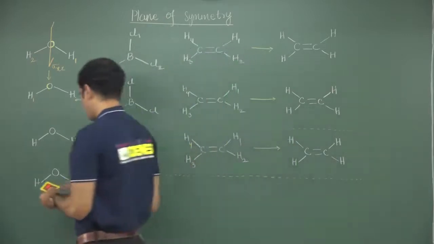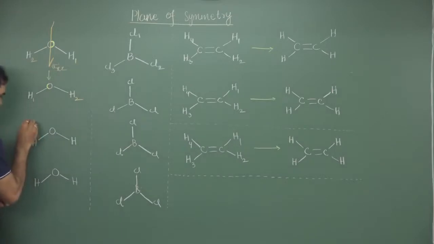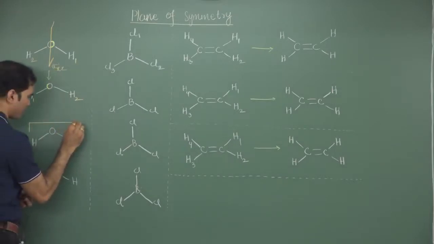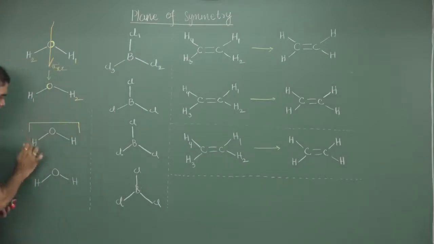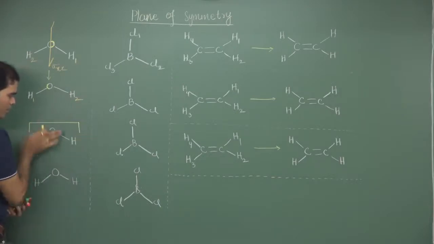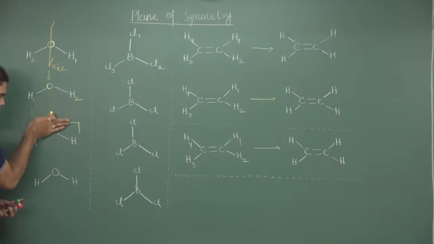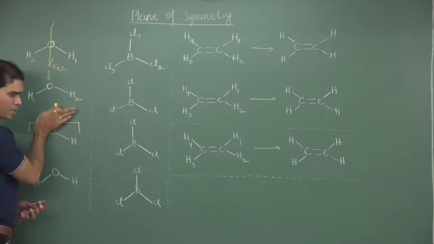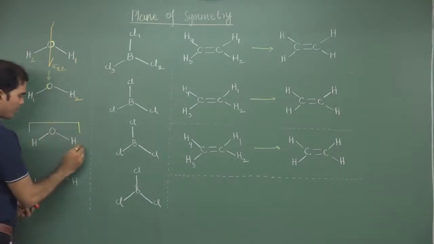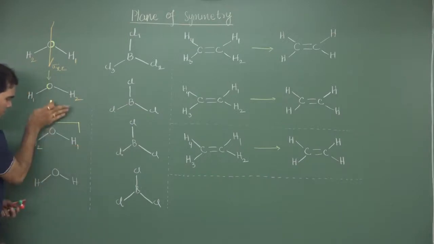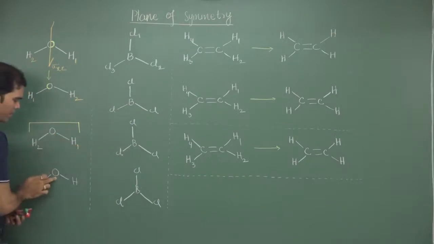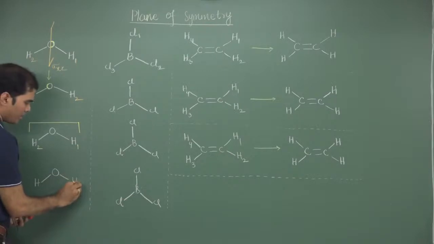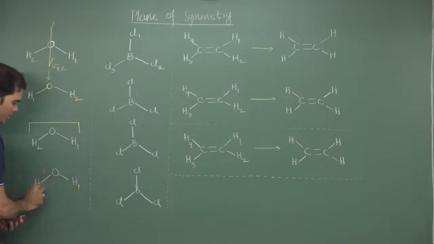So once I draw that plane, I only represent half of the plane. If you want, you can put a full plane, but I can show it this way. Once I draw this plane, you have to understand that this is a molecular plane, or this is a YZ plane. 1 and 2, since it is passing through every atom, oxygen will be at oxygen, 1 is at 1, 2 is at 2.